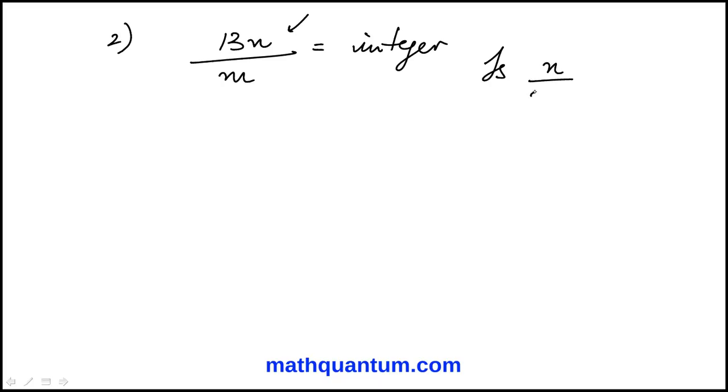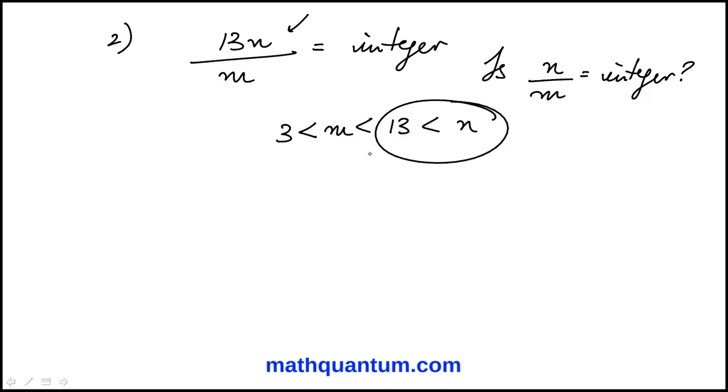If we look at statement 2, it says, it is possible to assign each of 13n students to one of the m classrooms. So what they're saying is 13n over m is an integer. And the question is, is n over m an integer? So I'm going to rewrite the constraints on m and n. So m is a number between 3 and 13, and n is larger than 13.